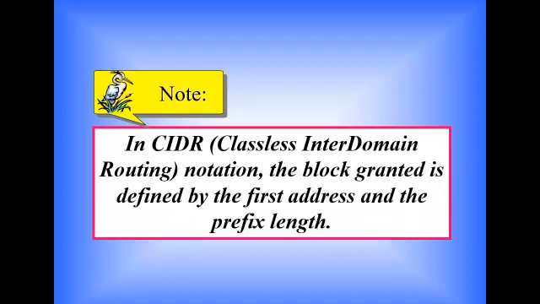So in classless inter-domain routing notation, the block is defined by the first address and the prefix length. Always remember, the first address and the prefix length will be given to you when you go to the internet authorities for allotting addresses for your organization. So this is the overall CIDR notation concept which we have seen in two different lectures. The rest we will discuss in the next one. Thank you.